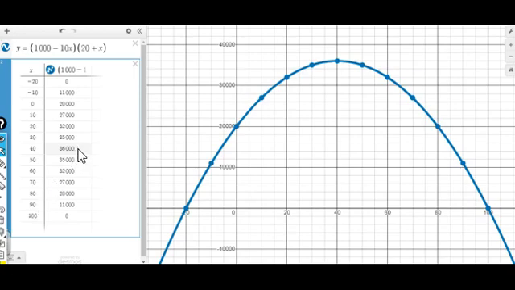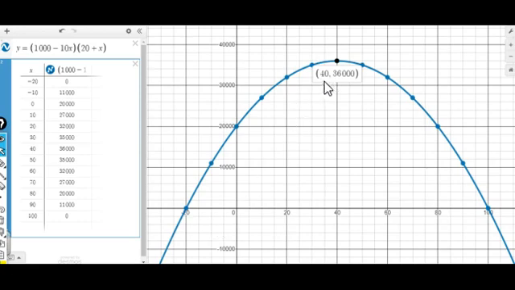I can see that my vertex is at 40, 36,000, and the 36,000 would represent the maximum profit that can be obtained through this concert. Because remember, my Y values represent the profit, my X values do not represent the ticket price. They represent the number of $1 increases to the ticket price.